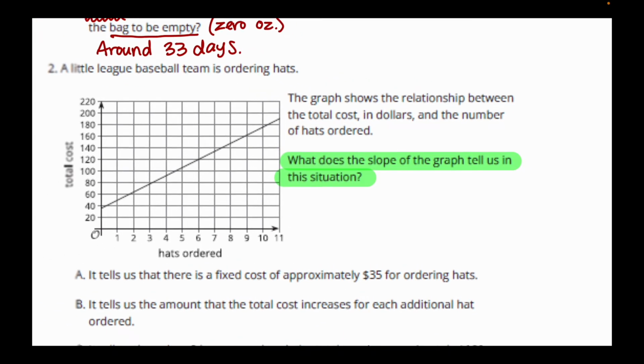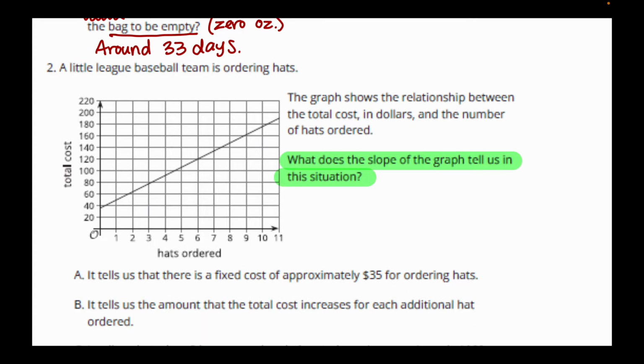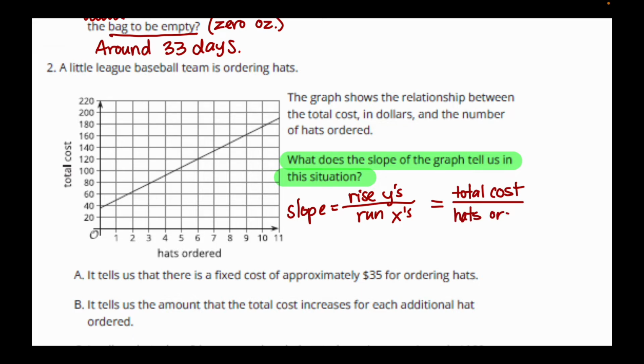So I did just say that the total cost was on y, and I know that slope is rise over run, or your y's over your x's. So the slope here, not numbers, but just what we're measuring on those, is total cost divided by number of hats ordered. So total cost divided by hats ordered.